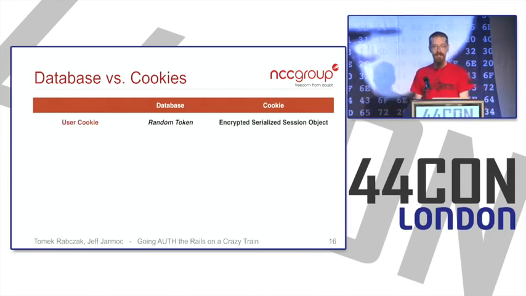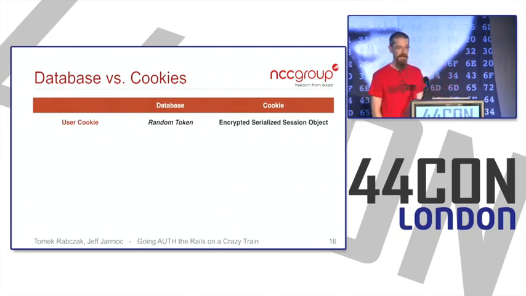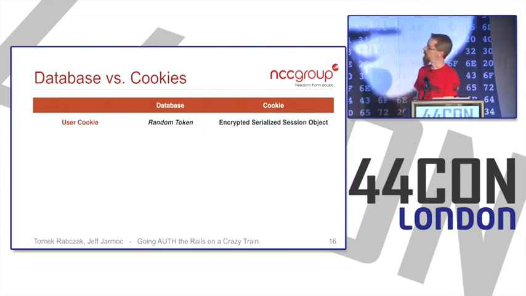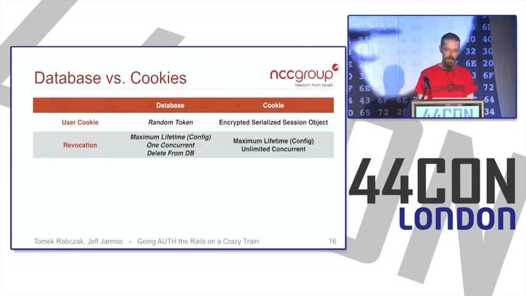As I mentioned, on database sessions, the user cookie is random, and on the encrypted cookie sessions, they're serialized session objects. So I've got italics here because I consider that a win for database sessions because there's a little bit less attack surface there. There's nothing that an attacker can really manipulate unless they can just guess a random value. When we talk about revocation, there's no maximum lifetime by default on Rails for session tokens on either.